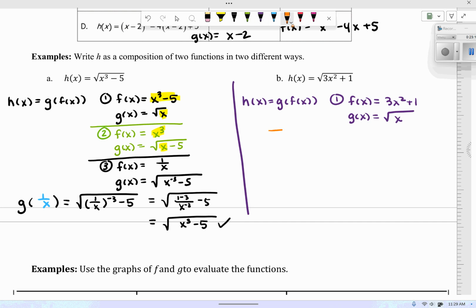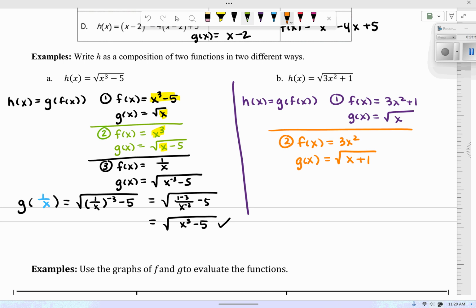And then we could do f of x is equal to maybe just 3x squared. Then g of x would be equal to the square root of x plus 1.